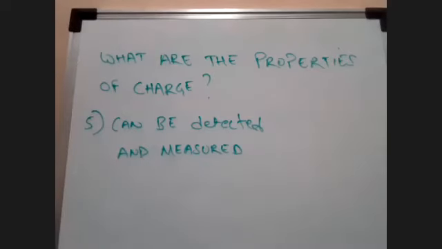Can be detected and measured with the help of what? With the help of a voltmeter, a ballistic galvanometer, or a gold leaf electroscope. And we will see what this voltmeter and this galvanometer are in current electricity, so you don't need to worry about this.